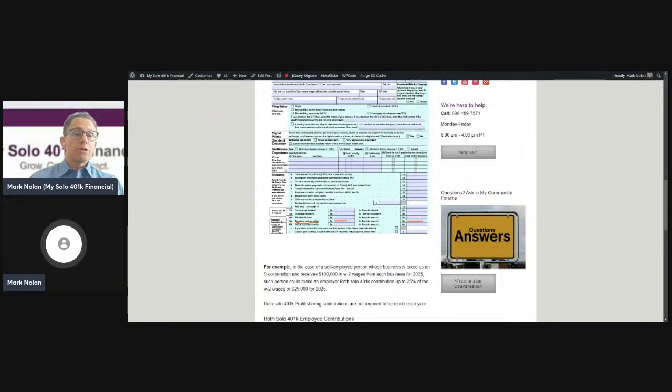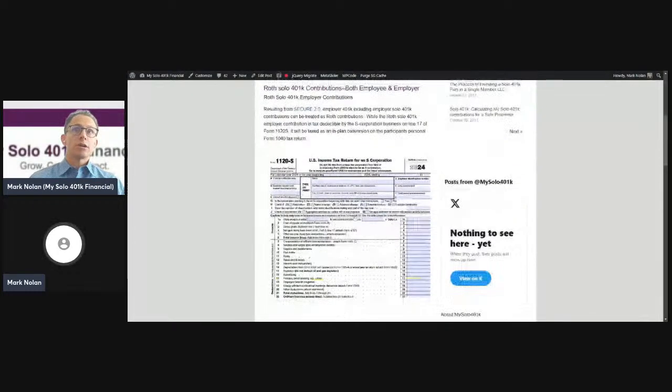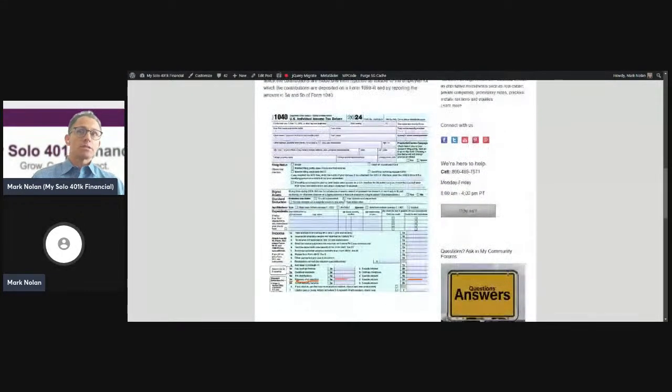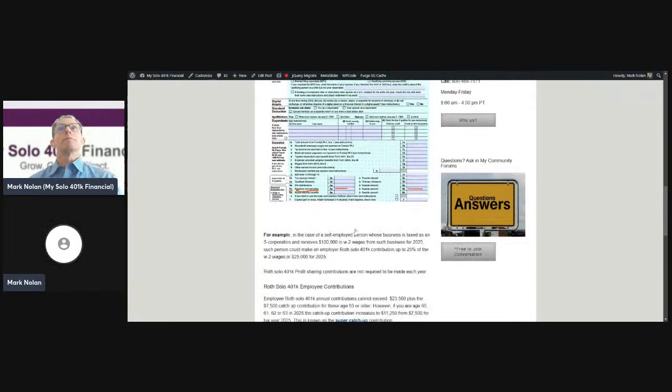So in review, employer Roth solo 401k contributions are tax deductible on the business side, so on Form 1120S of the S corporation tax return, but they're taxable on the participant's personal tax return, Form 1040. You list that taxable amount in 5A and 5B.